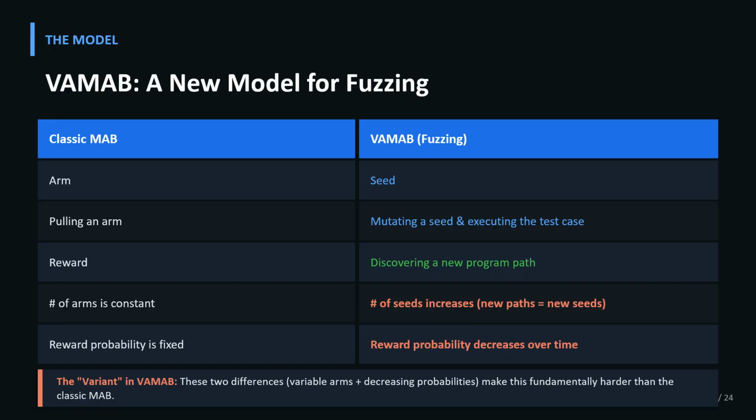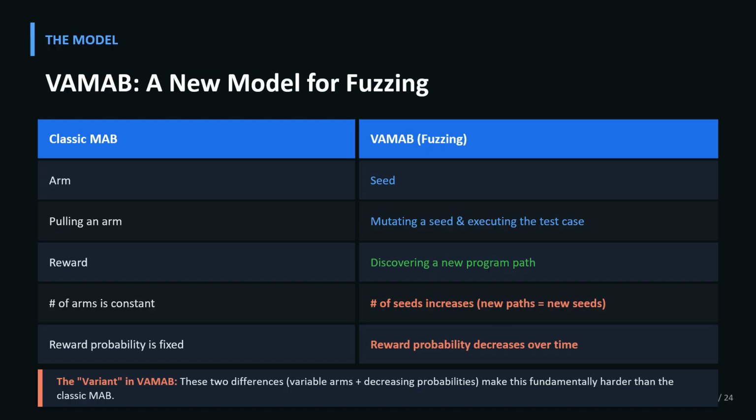In the classic MAB, the number of arms is constant, but in fuzzing, the number of seeds grows because every new path discovery adds a seed to the queue. And in the classic MAB, reward probabilities are stationary, but in fuzzing, they actually decrease. The paper calls this probability attenuation.